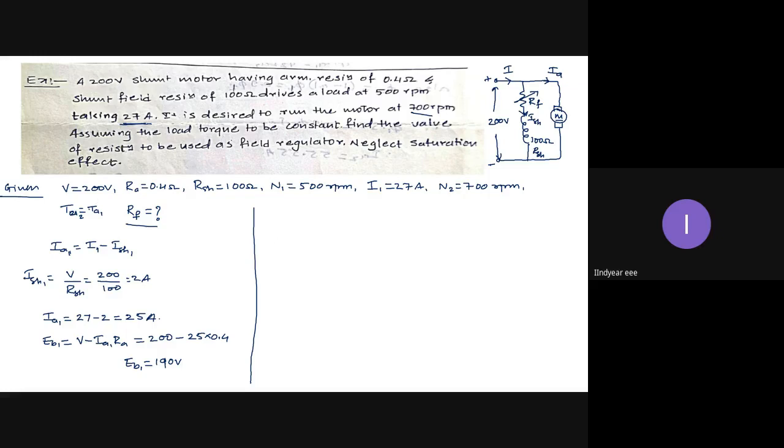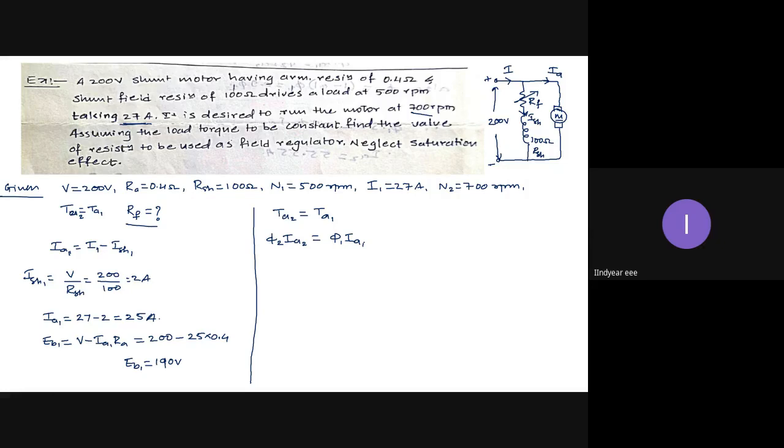It is given that my torque is not changing. So my TA2 is equal to TA1. I can write it as phi2 IA2 is equal to phi1 IA1.